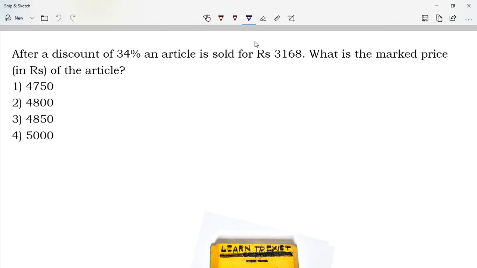Okay, after a discount of 34%, an article is sold for rupees 3168. What is the mark price of the article? So if I am guessing the mark price as 100, then a discount of 34%, which will be 34 itself, and it will be sold for 66. So this is our data, but the actual data means that after discount it is sold for 3168.